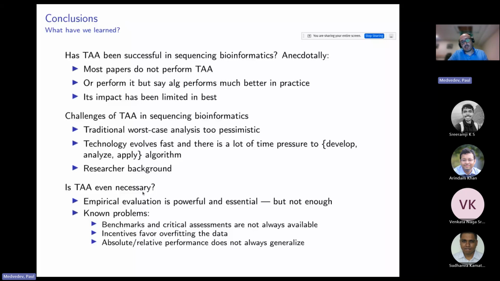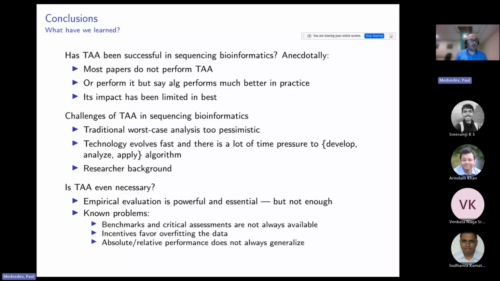So that begs the question, is it even necessary to do theoretical analysis? I think I touched on this. Of course, empirical evaluation is important, but it's not enough. And we saw this in genome assembly. It would be great if we could have benchmarks and critical assessments of algorithms that could also be a great yardstick, but these are not always available.